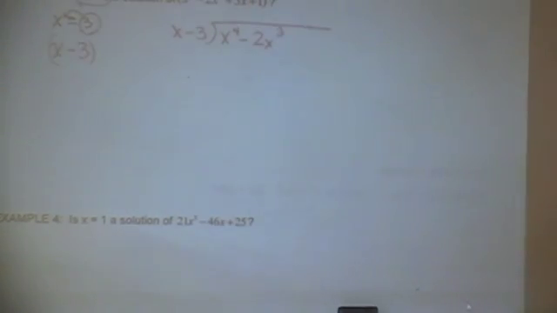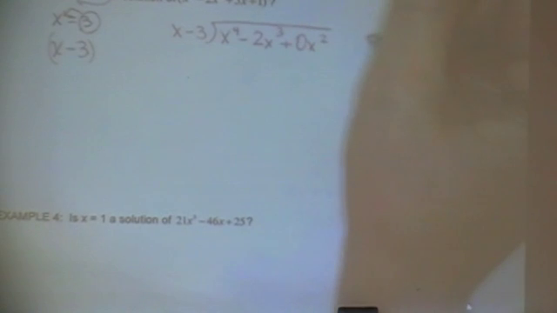So I'm going to go ahead and put my 4 in, x to the 4th minus 2x to the 3rd. And when you get to the squared value, you're just going to plug in a 0x squared. It doesn't matter if it's positive or negative because zeros can't be positive or negative. So it doesn't matter if you put plus or minus. I'll just put plus. Plus 0x squared plus 3x plus 1.